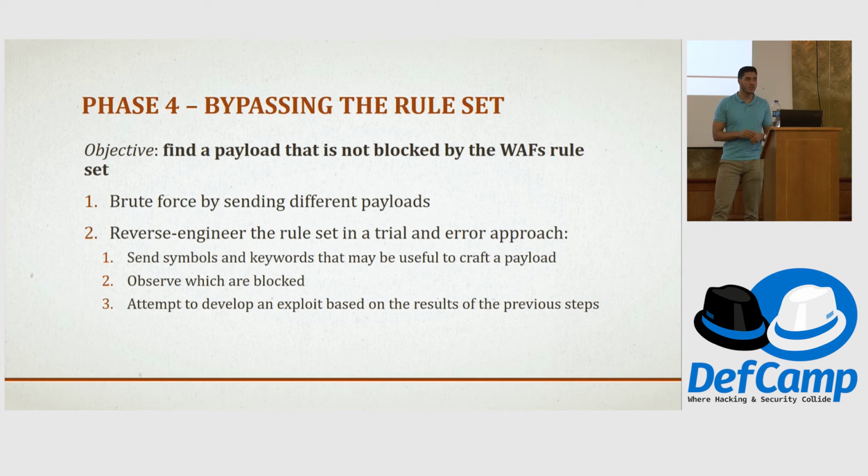So what we actually do is to send symbols like a double quote or a smaller sign or a bigger sign, and see, does the WAF block our request or not. Then we observe whether the string or the character is blocked or not, and in the end we have a nice list of the rule set of the WAF. We know which characters are blocked and which are not.